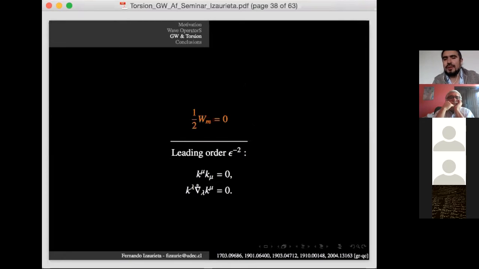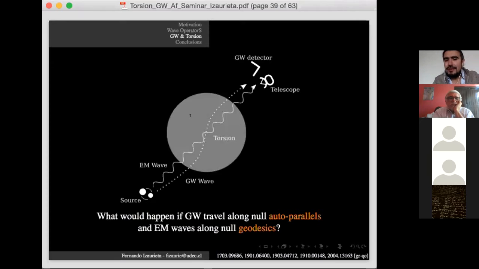At leading order, we get just a null vector, and it is a wave which is propagating on null torsionless geodesics. That is very interesting. It means that regardless of background torsion, a gravitational wave will always propagate on a null geodesic without torsion. And that is interesting. Regarding this aspect, it behaves as if torsion was not there, as it also does an electromagnetic wave.